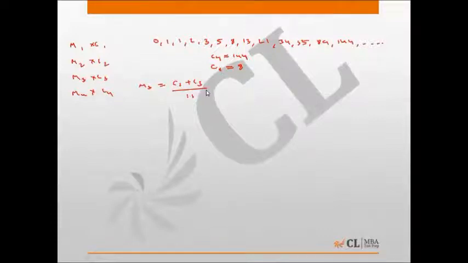That means M3 is divisible by 11, and M3 is also divisible by 10, so M3 is divisible by 110. That means C2 plus C3 should be a multiple of 110. I know that the case of 110 is possible when C2 plus C3 is equal to 21 plus 89.